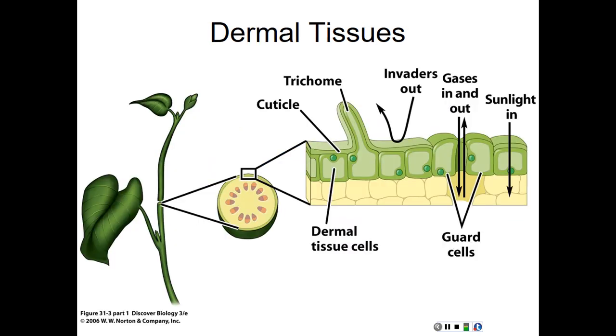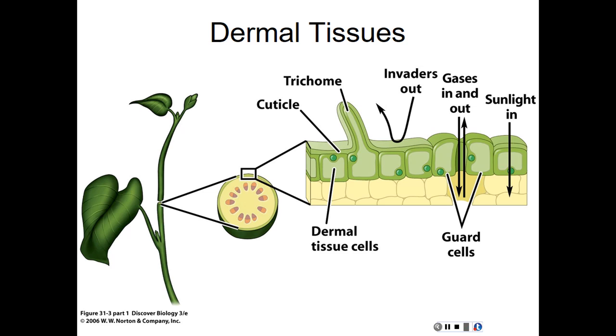So let's look at each of these tissues in turn, starting with the outermost layer, the dermal tissue system. So much like our outer layer, our epidermis, the dermal tissue system is the first line of defense against damage or pathogens that might try to get in there.